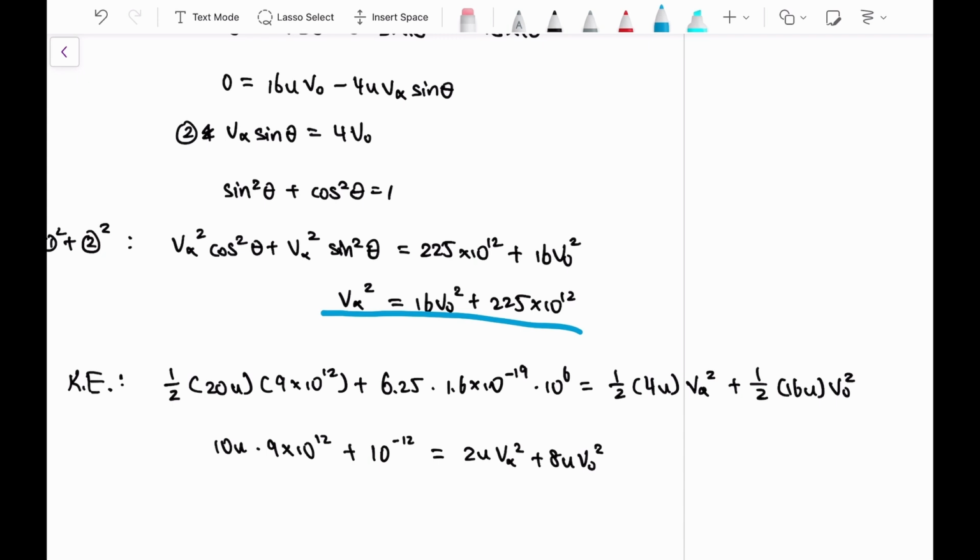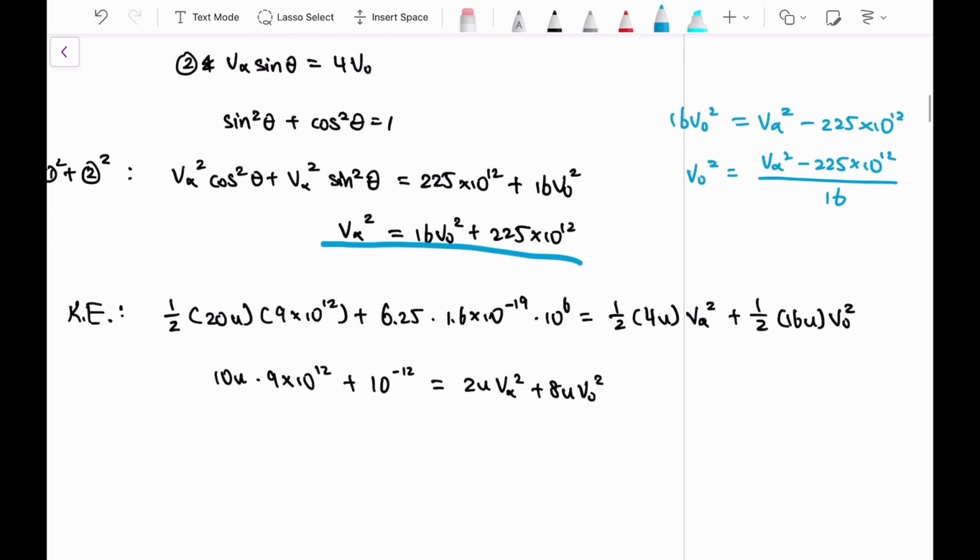So for VO in this equation, 16 VO squared is equal to V alpha squared minus 225 times 10 to the 12, and so VO squared will be equal to this, and now we can put this into the equation.